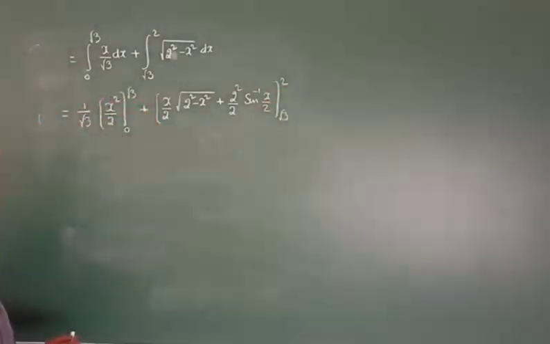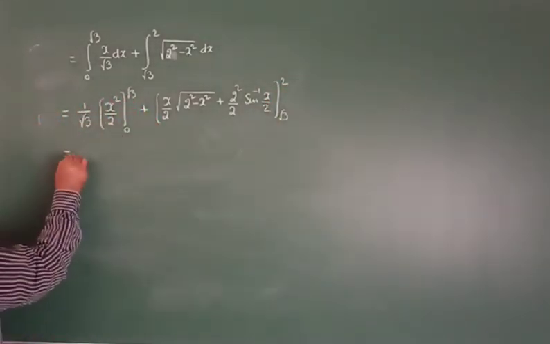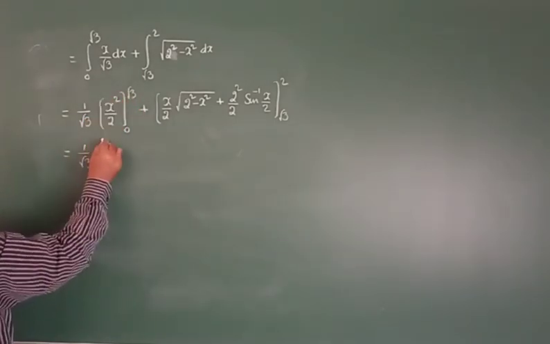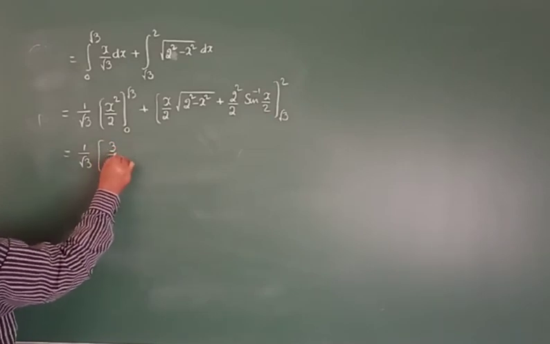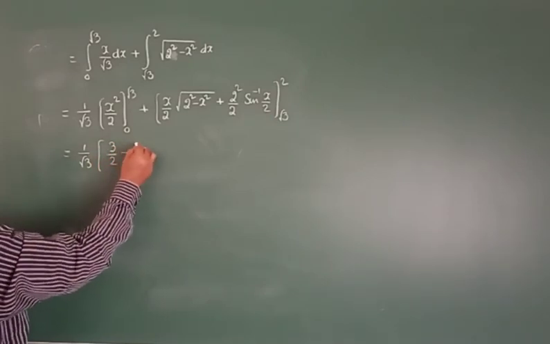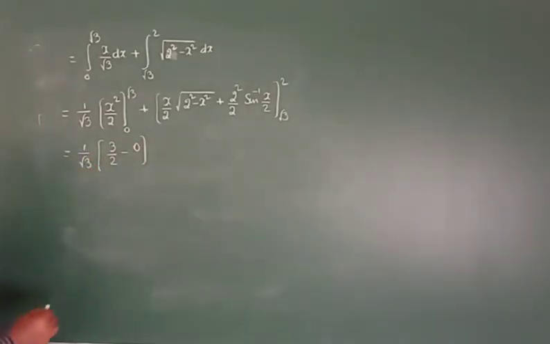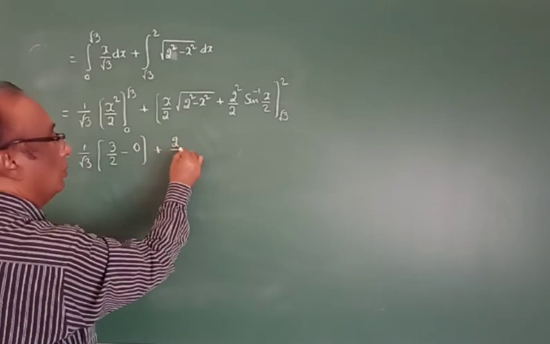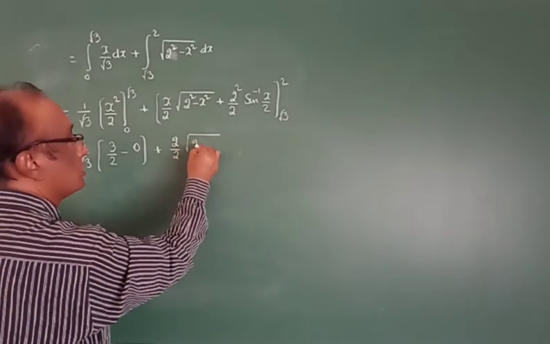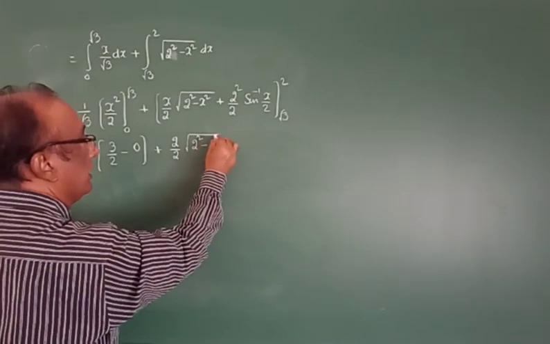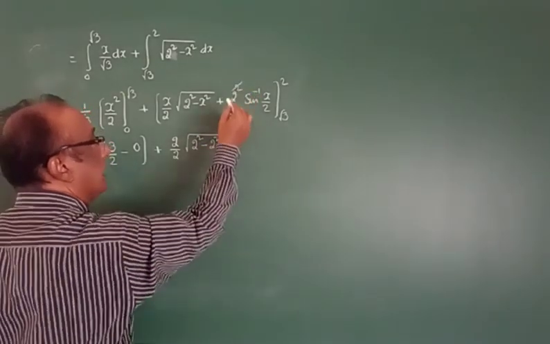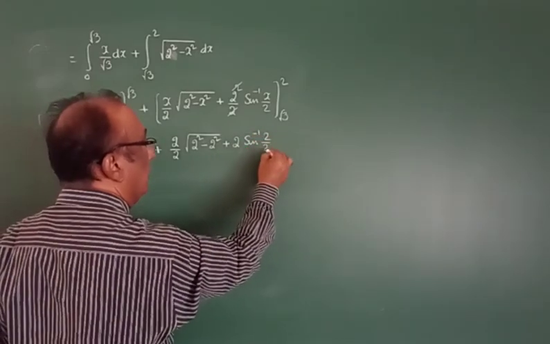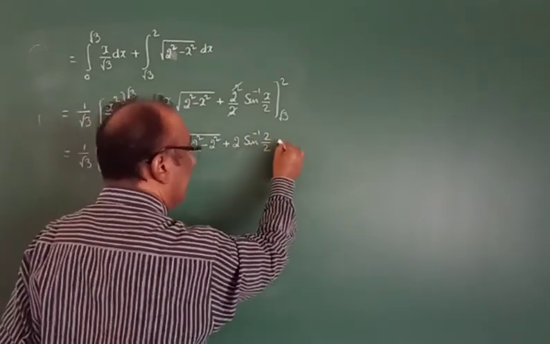Right, apply the limits. Here, upper limit: 1 by root 3, upper limit is 3 square, 3 square is 3 by 2, lower limit is minus, 0 square is 0. Upper limit write down, here is 2 by 2, root over 2 square, x place is 2 square, plus 1 2 is cancelled, 2 sin inverse of x place is 2 by 2, minus lower limit.